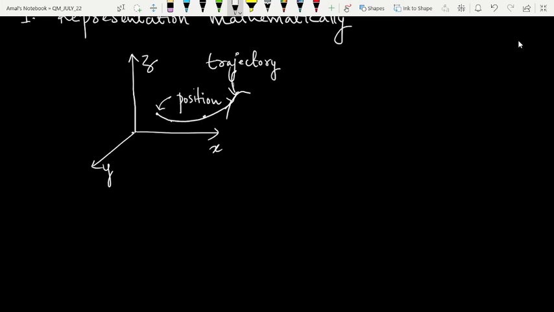This curve says how the position of the particle changes with time. So we can represent that curve as a function that gives the trajectory of the particle.